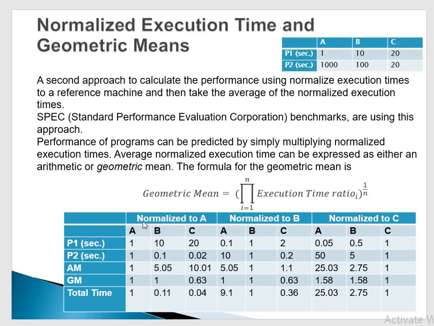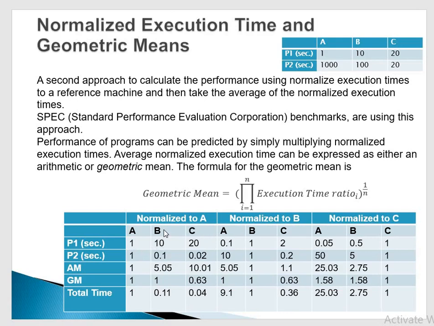So first we will normalize the performance of computers B and C with respect to computer A. We will divide the performance of A by the performance of A, because we are considering computer A as the reference computer. So it will be 1 upon 1, which is equal to 1.